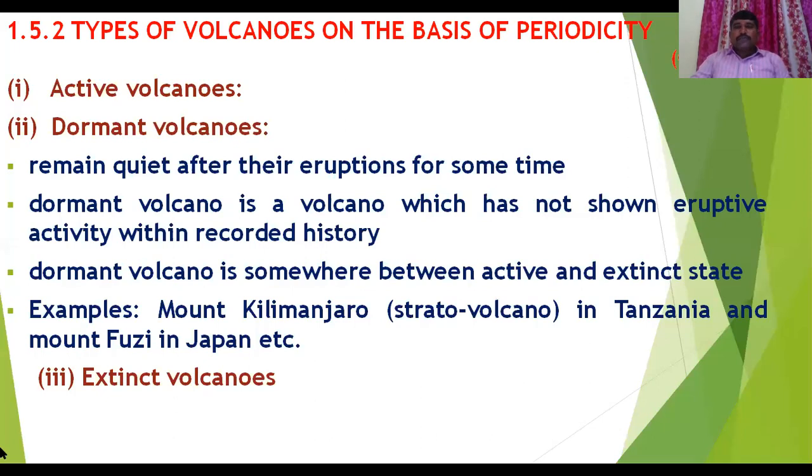In other words, a dormant volcano is somewhere between active and extinct state, that is in sleeping mode. But all of a sudden, there will be an explosive eruption with the result that there would be unimaginable loss of life and property also.